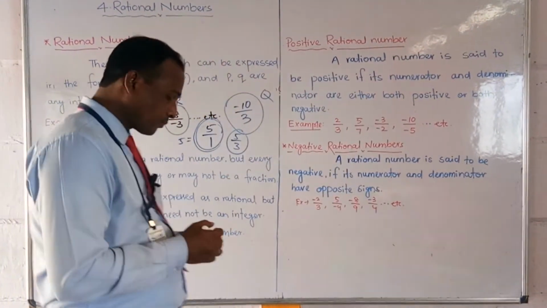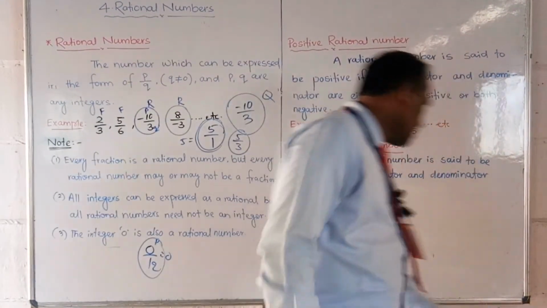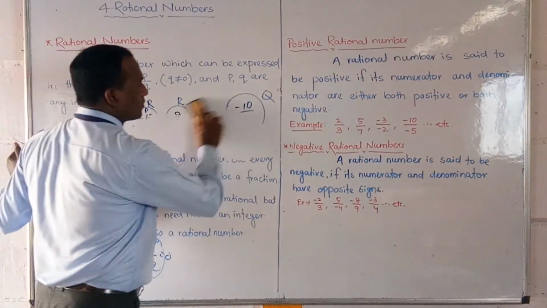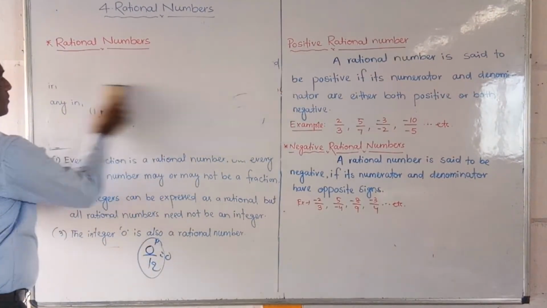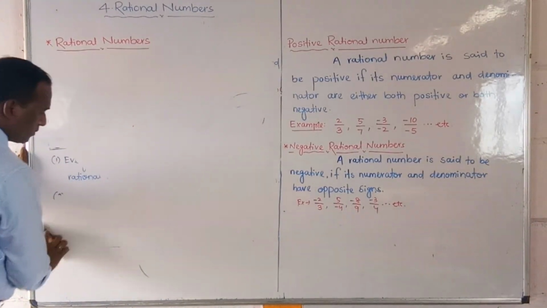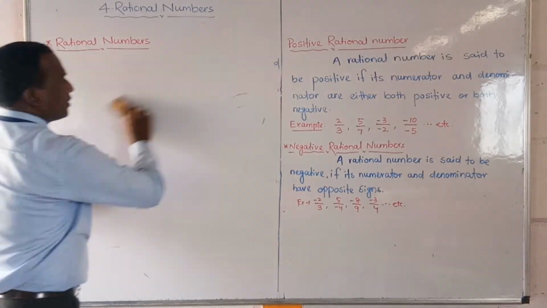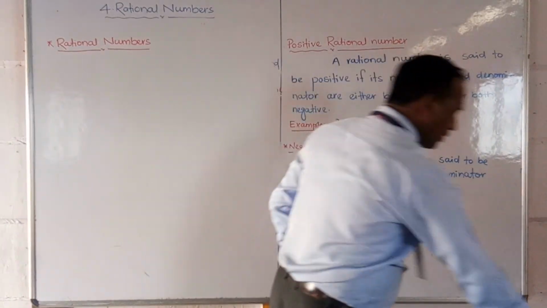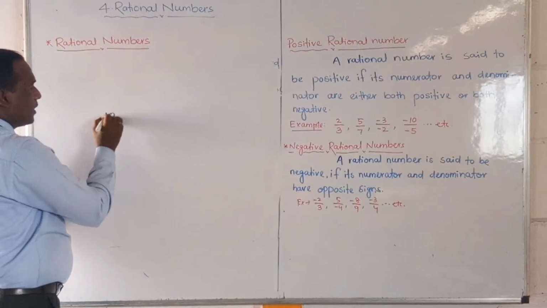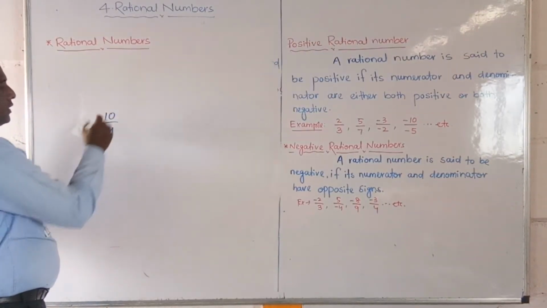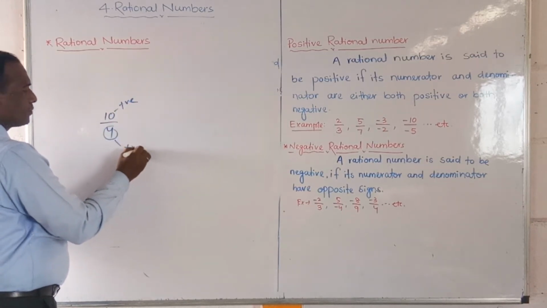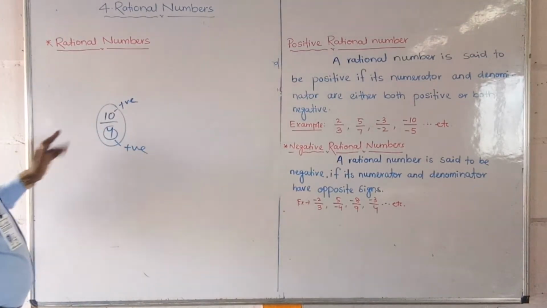Look at here friends, I will explain. Suppose I have written 10 by 4. Here this is positive, this is also positive, so hence it is a positive rational number.